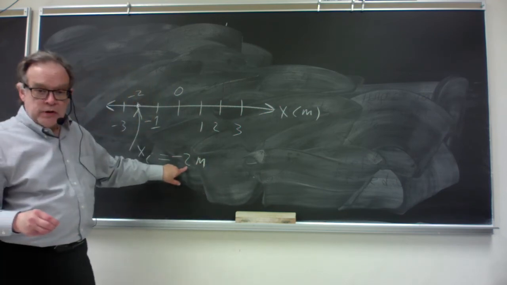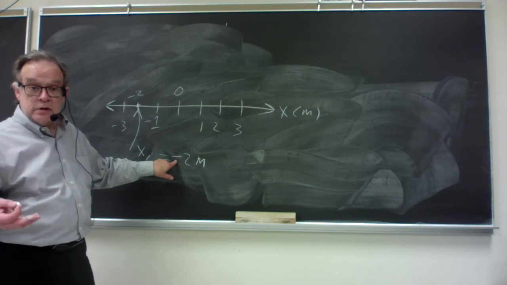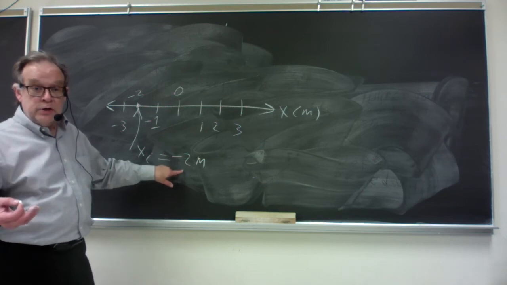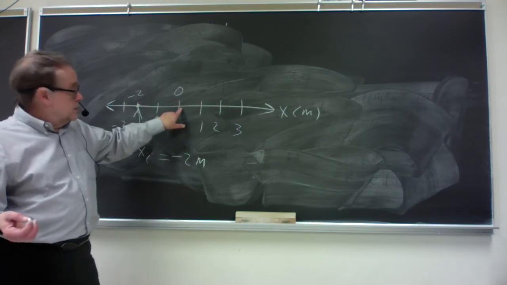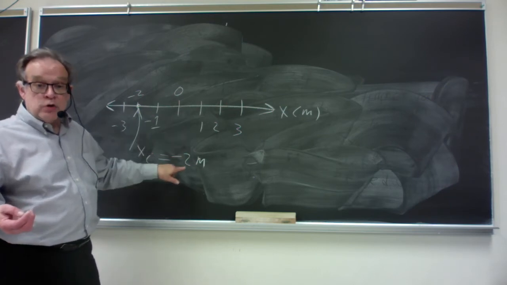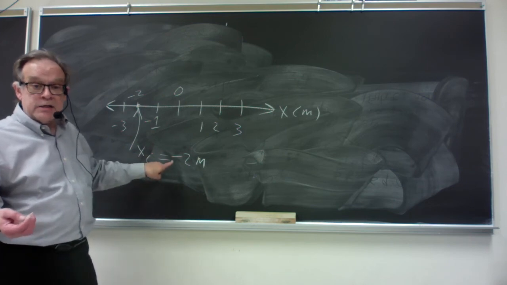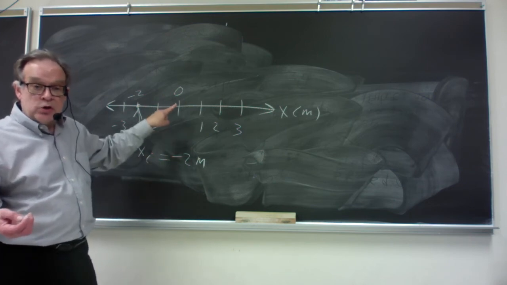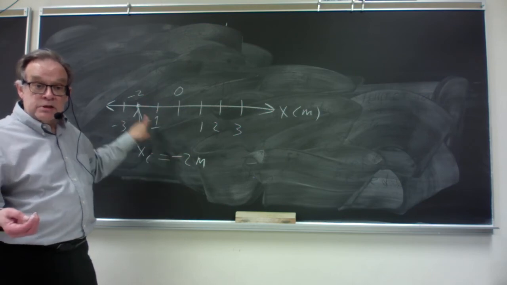Both the absolute value of this and the sign of this are significant, meaningful. The 2 meters means what? It means that if you're sitting at the origin, you have to travel 2 meters to get to this point. And the minus sign means that if you're sitting at the origin, you have to go in the negative direction to get to this point.